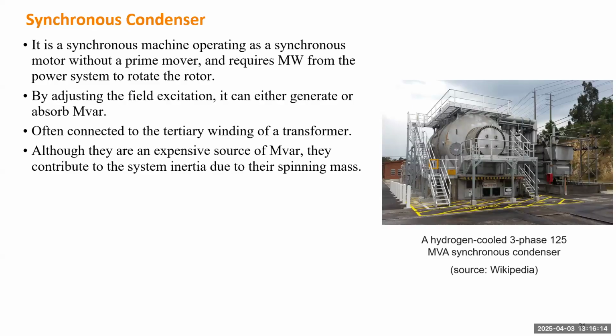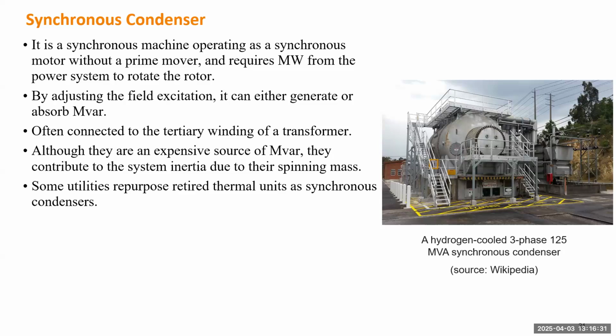They can regulate voltage. They can also help regulate frequency because they don't generate any active power, but they have inertia. The inertia can slow down the frequency drop under emergency. Some utilities retire thermal units, such as coal-fired power plants.